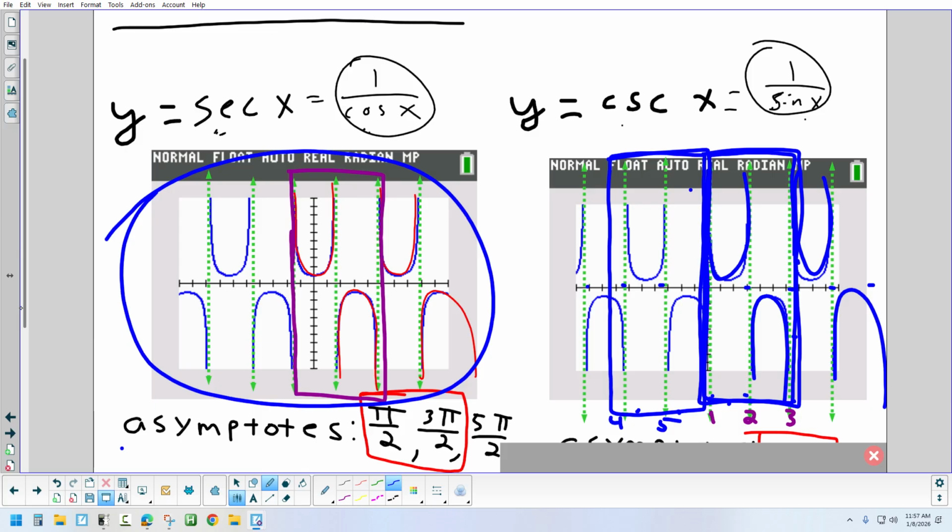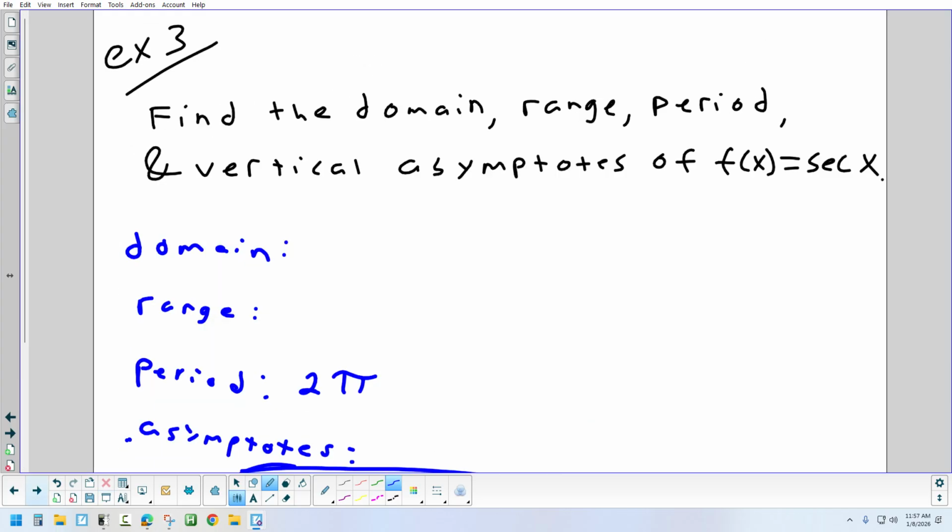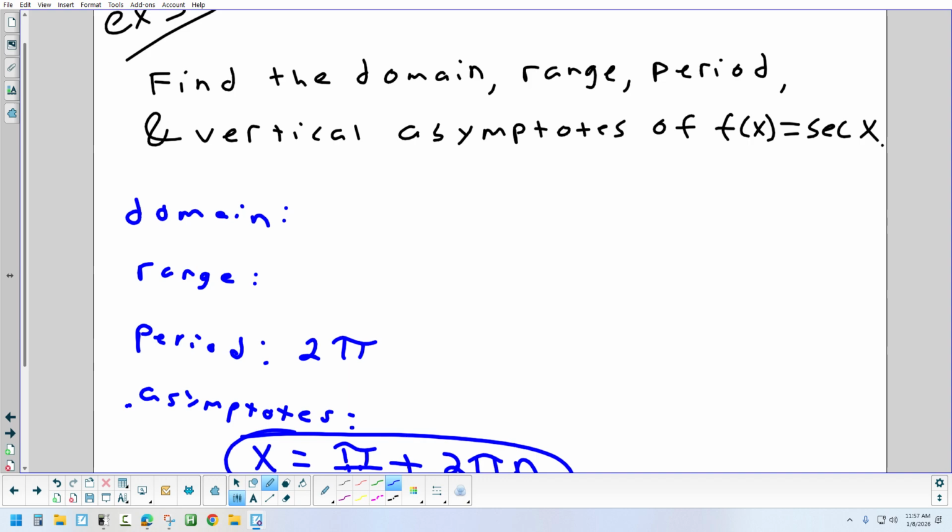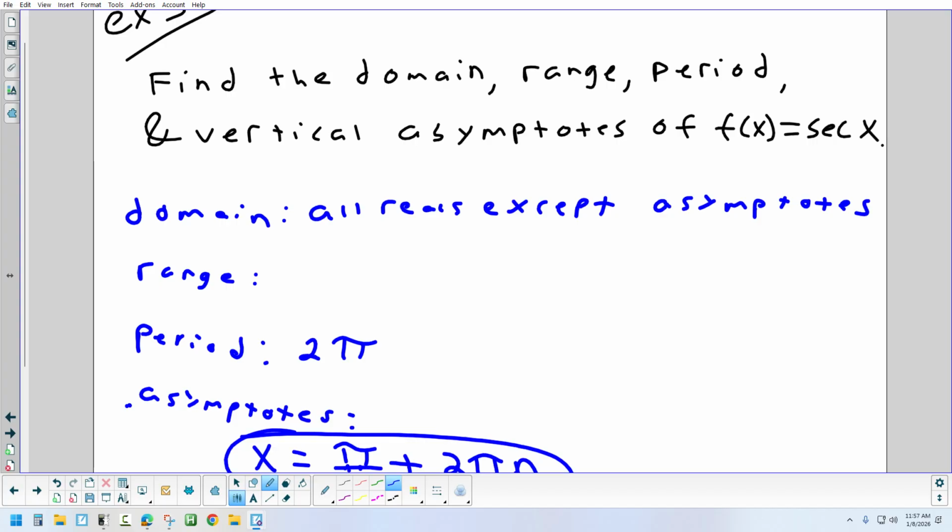Pi over 2, 3 pi over 2. What else? And all the rest of the asymptotes. So when we describe the domain here, the best we can do is basically say all reals except the ones that would be the asymptotes. All reals except asymptotes.